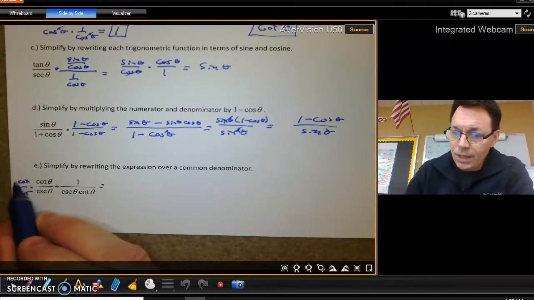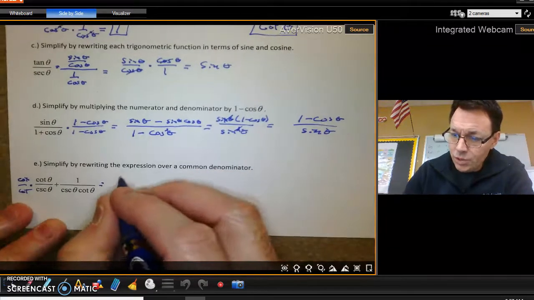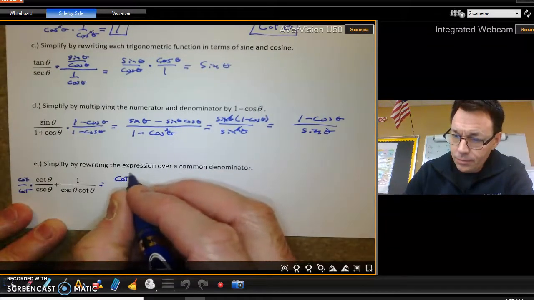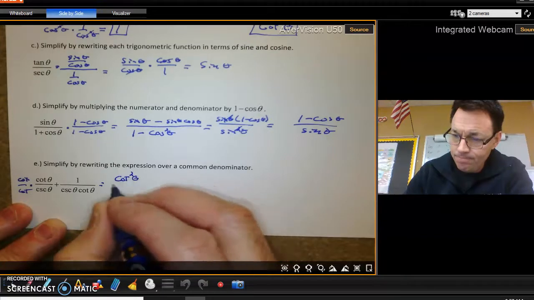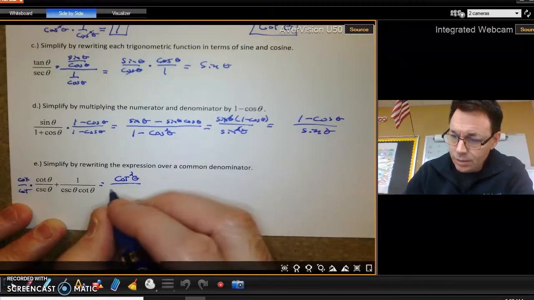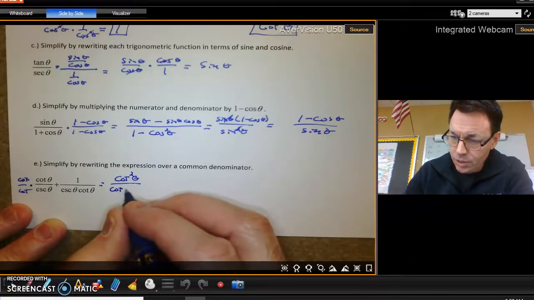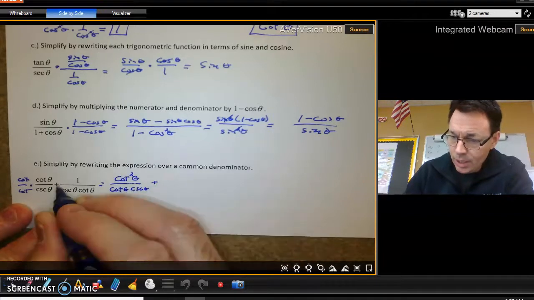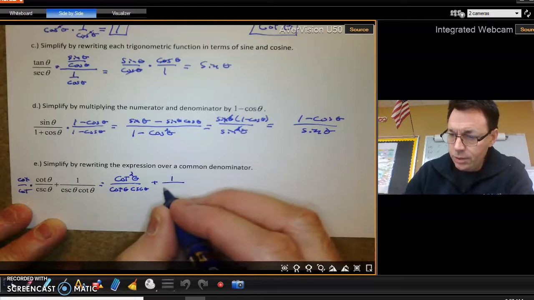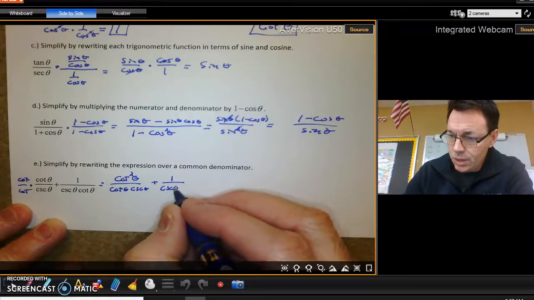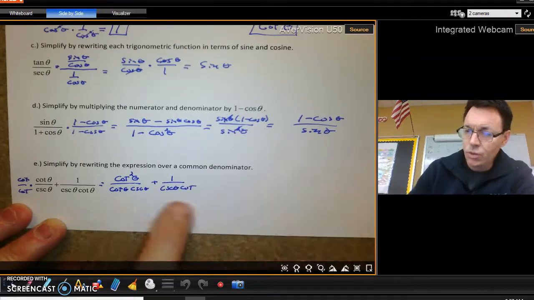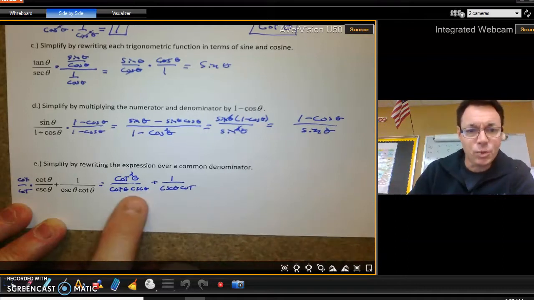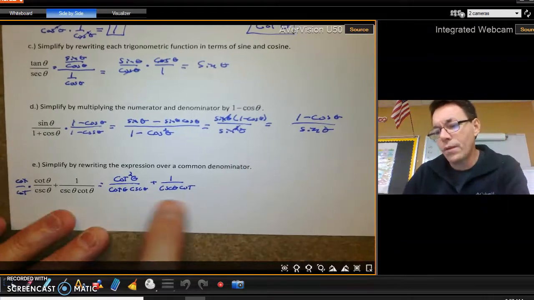So this would now be cotangent squared. This is now cotangent cosecant. And then this is 1 over cosecant cotangent. Now the order of those doesn't matter. I've got two things multiplied together, so these are the same thing.